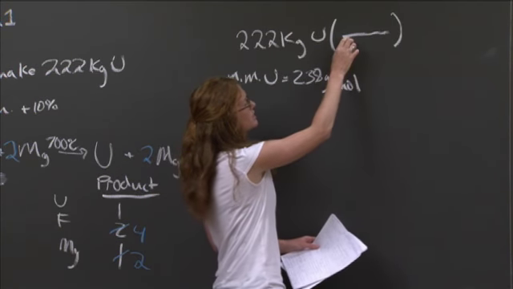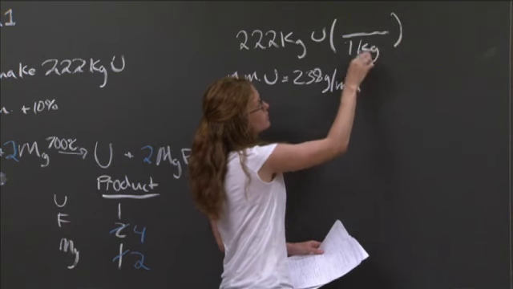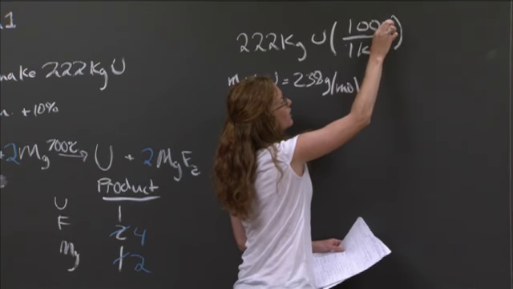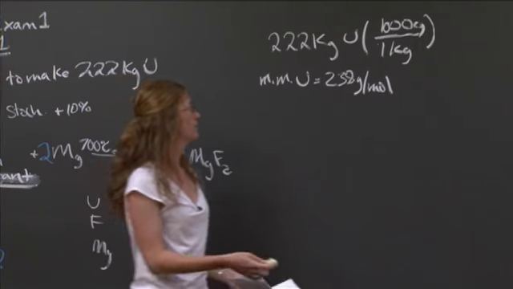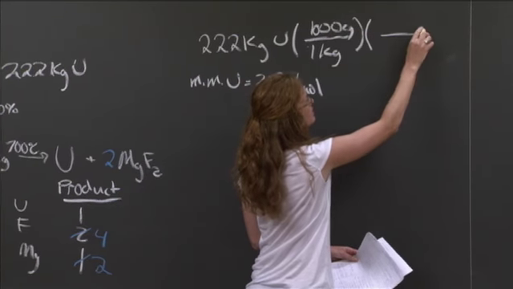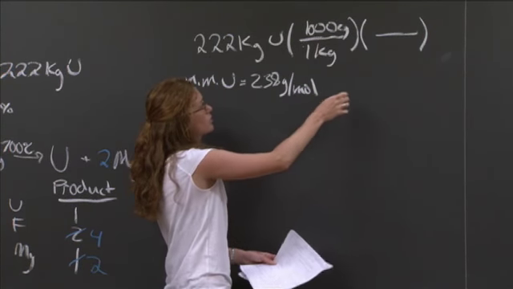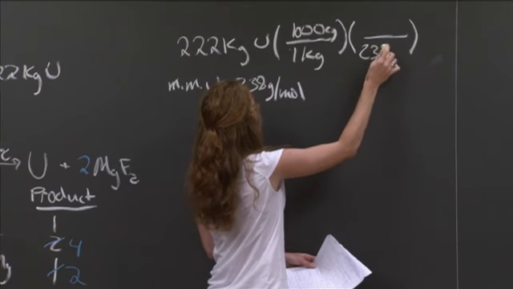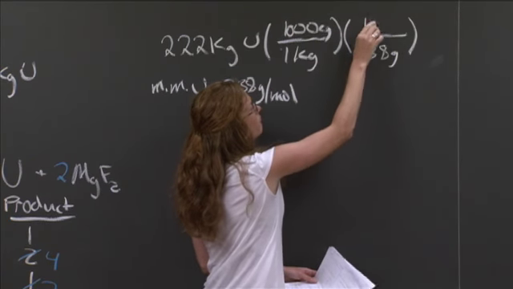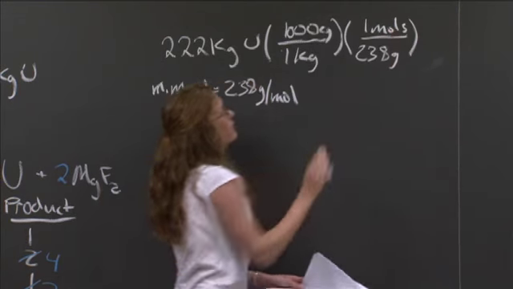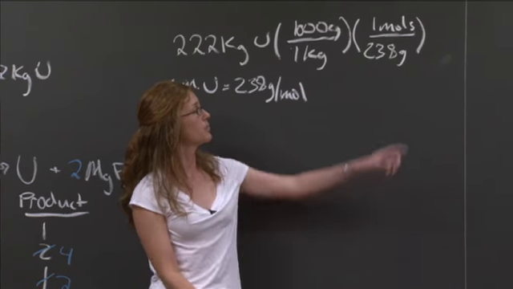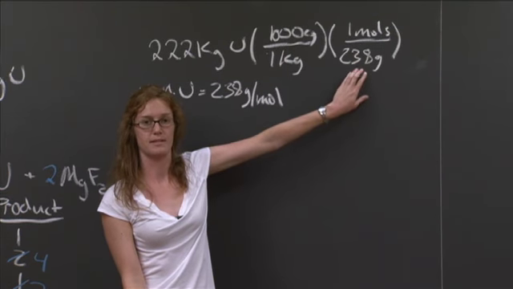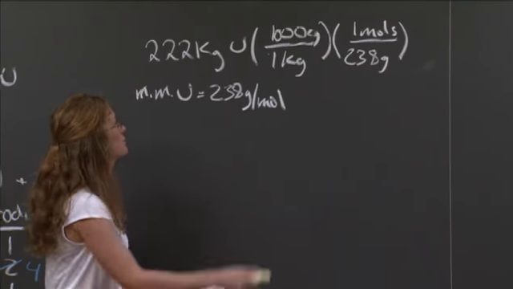Now we just do a simple unit conversion to get the moles of uranium that we want. First we need to convert to grams. Sorry, that's 1,000 grams per kilogram. And then using the molar mass, we convert to moles. Because I have grams up top, I need to put the molar mass in grams down here in order to cancel everything out.